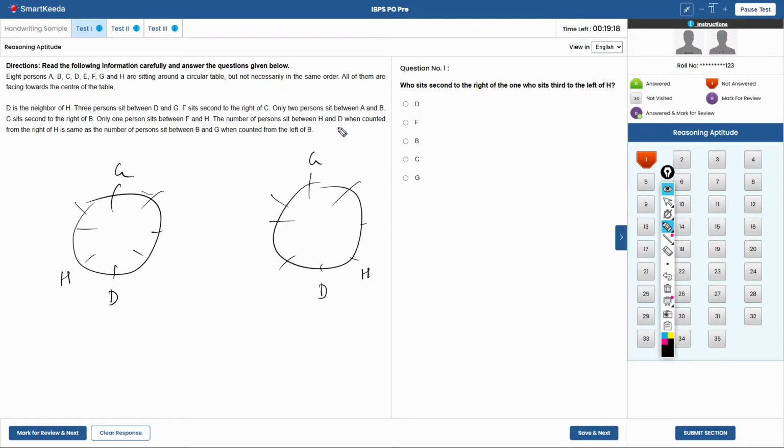Person on right, same as B and G. So suppose F is here or F is here.